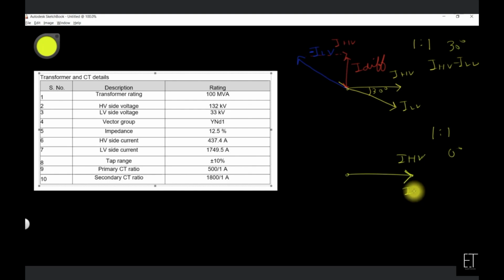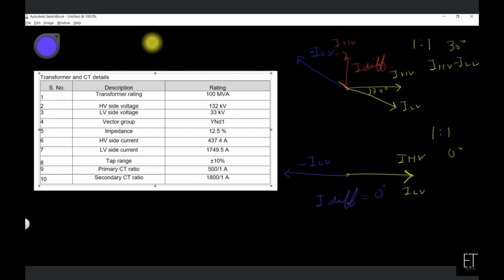IHV and ILV are both in the same direction. If you want to make a differential, you just need to make ILV in the minus direction. So this is minus ILV. If you combine these two equal and opposite quantities, the differential sum will be 0. So it means that because of phase shift, differential current will be produced.